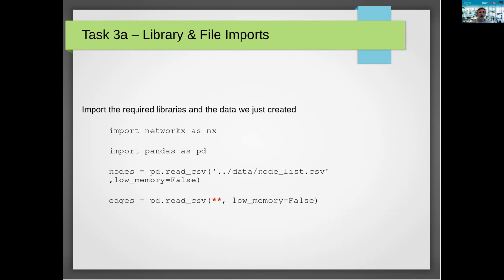So we're creating a new variable called nodes, and we're going to load into that the node list that we've just created. If you didn't adjust the output of task 2, you shouldn't need to modify anything. But obviously for nodes, you're going to be using the node list CSV that was created. And then for the edges, you're going to replace the asterisks with the edge list CSV, wherever that happens to be.